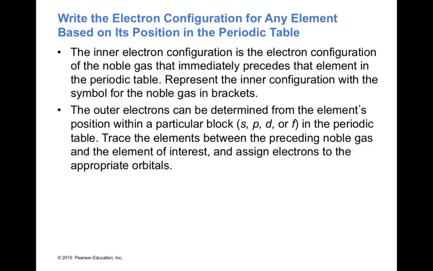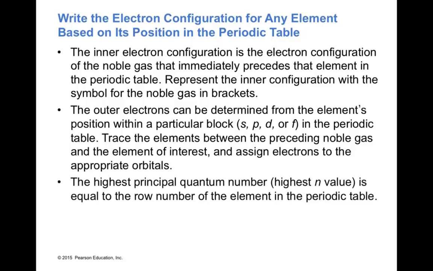Trace the elements between the preceding noble gas and the element of interest and assign electrons to the appropriate orbitals, as I mentioned before. The highest principal quantum number, the highest n value, is equal to the row number of the element in the periodic table. So we saw in the one before, for phosphorus, it is going to be 3.